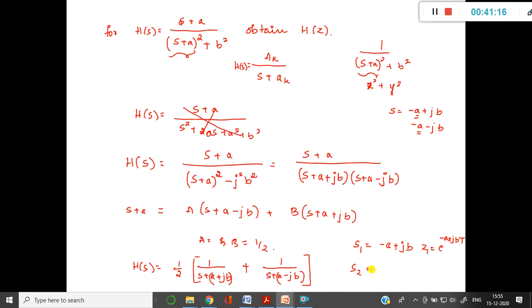The second pole s2 equals minus a minus jb. Therefore z2 is equal to e to the power of (minus a minus jb) into T. Try to write the value of h of z for the same.